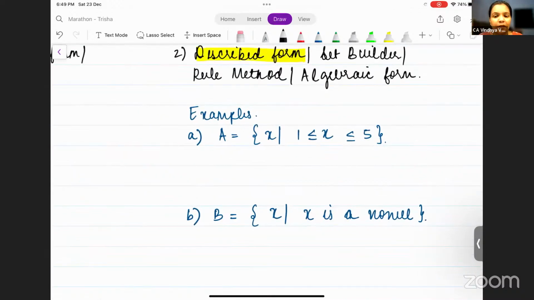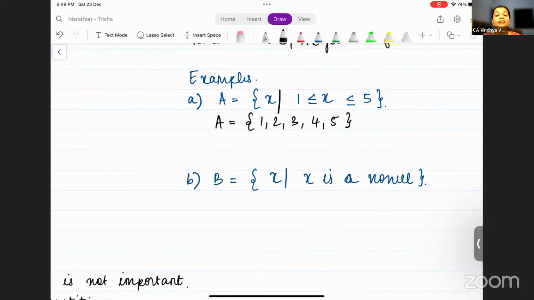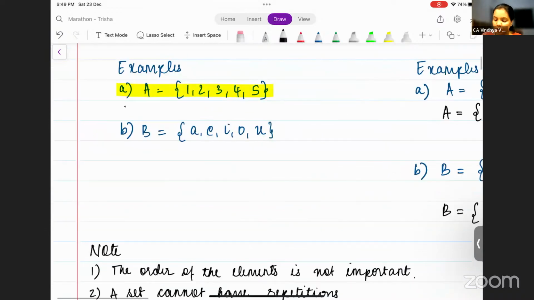For example, set A is equal to X such that X is greater than or equal to 1 and less than or equal to 5, which means A will be 1, 2, 3, 4, and 5. Next, set B is equal to X where X is a vowel, which means B will be A, E, I, O, and U. Is this clear? All right.